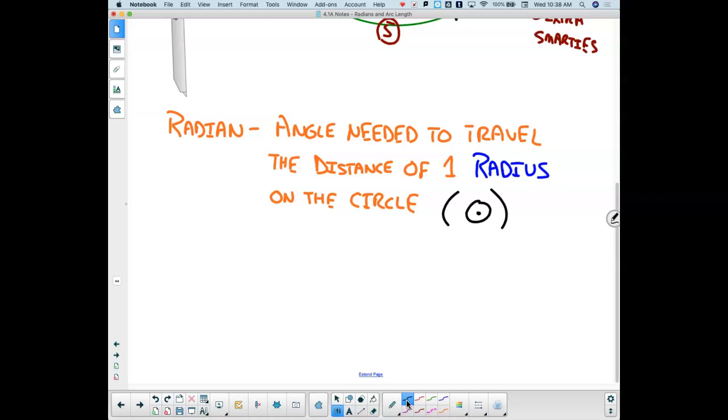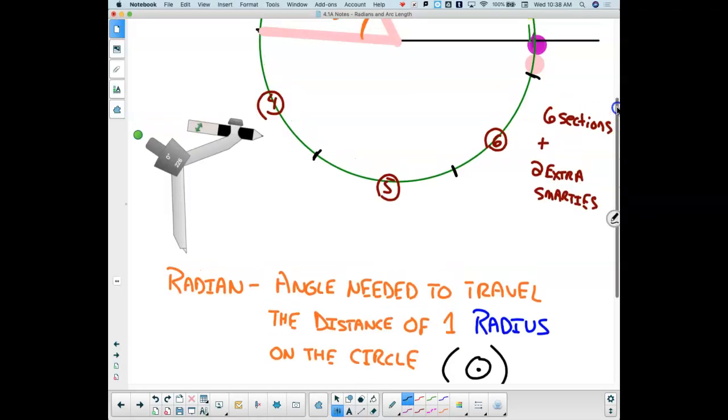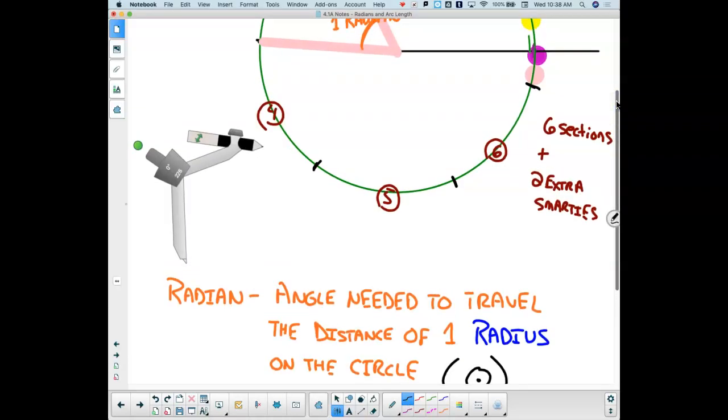So what that's saying is that if I go back up here to my sections, this distance right here is equal to 1 radius. My radius was 7 Smarties in this case. The distance between those marks that I made is always 7 Smarties.